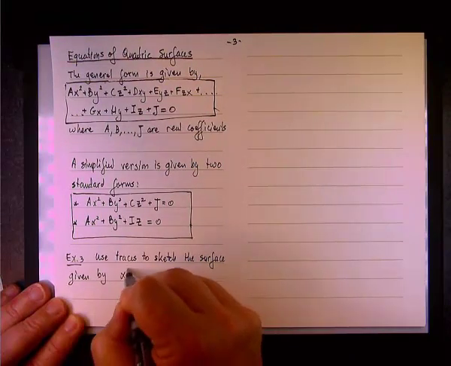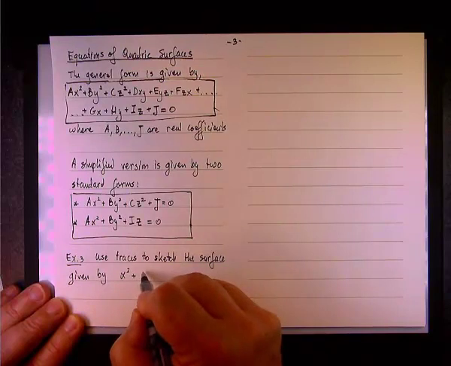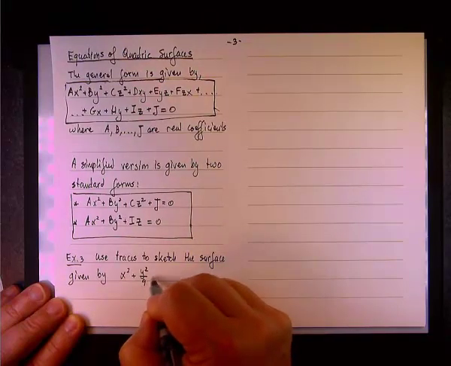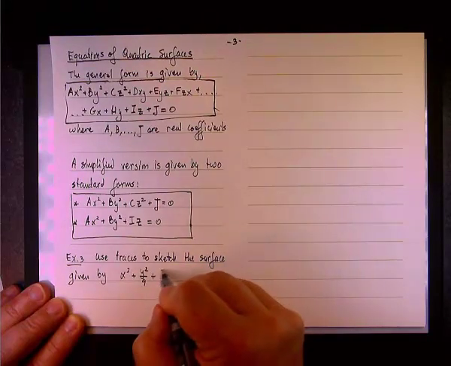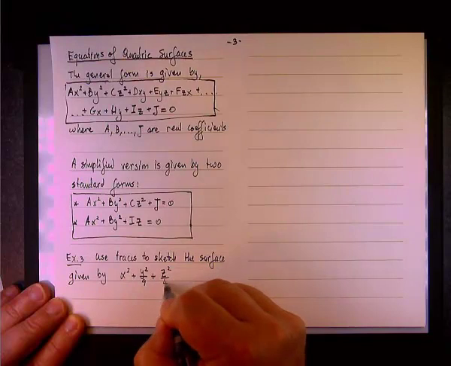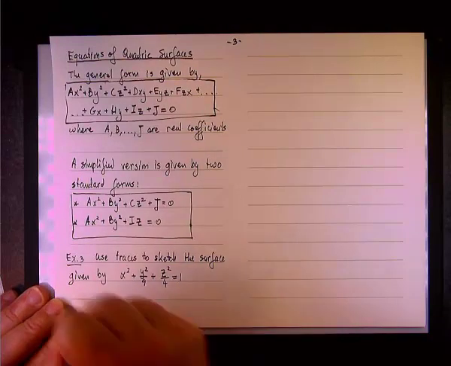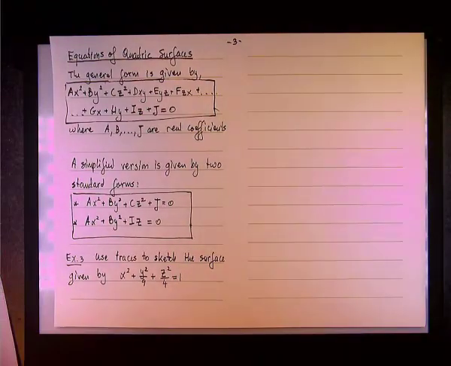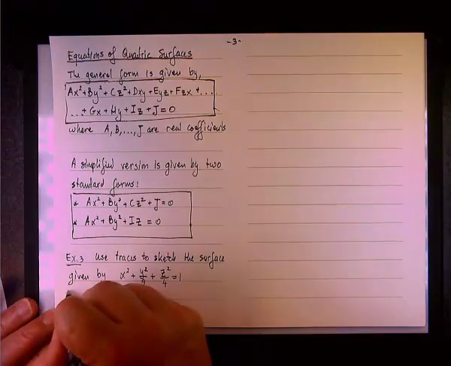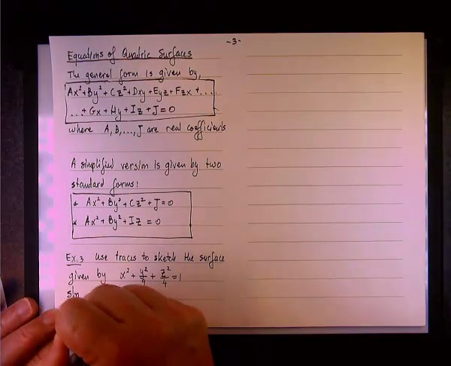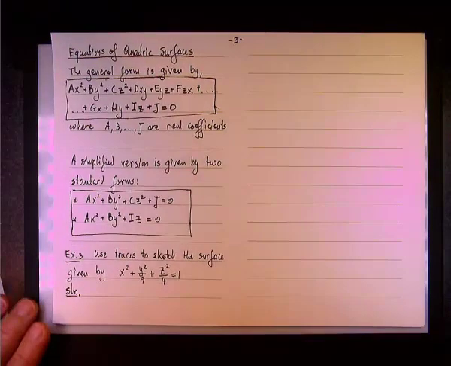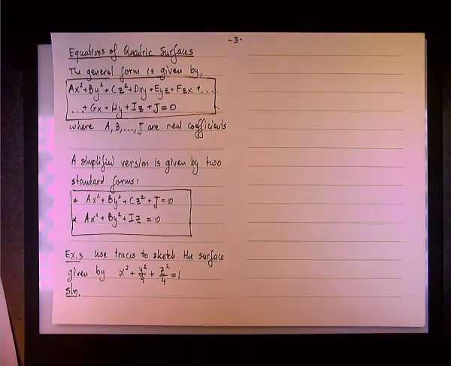And this surface is given by x squared plus y squared over 9 plus z squared over 4 equals 1. And this is somewhat similar to Ryan's example, except Ryan went even heavier than this one, or about the same thing.